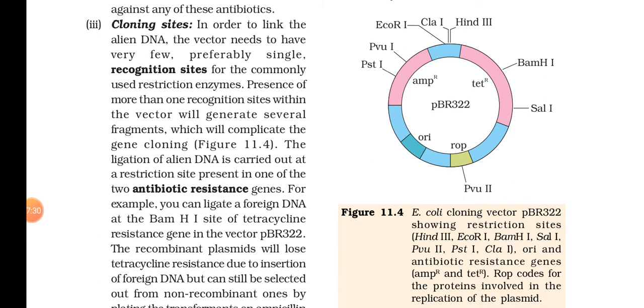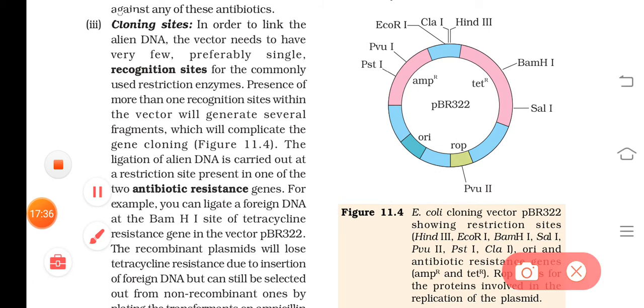In this pBR322, a foreign gene or alien gene can be added here in the BamHI region of the tetracycline resistance region. Understood?